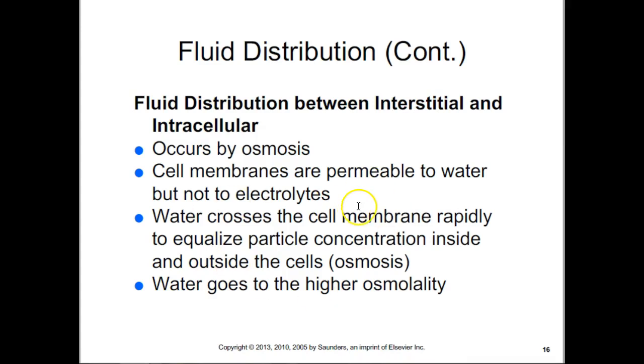Water crosses the cell membrane rapidly to equalize particle concentrations inside and outside of the cell, right? So water goes to the higher osmolality. Wherever there is a higher concentration of stuff, there is going to be a lower concentration of water.